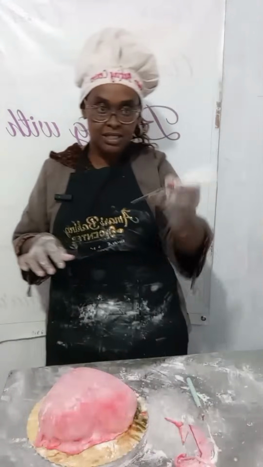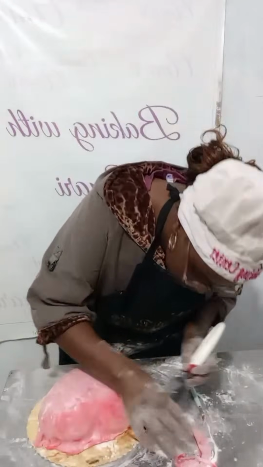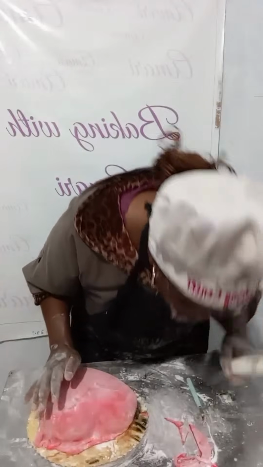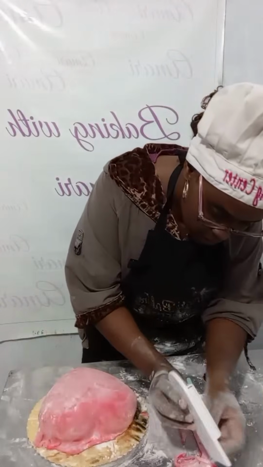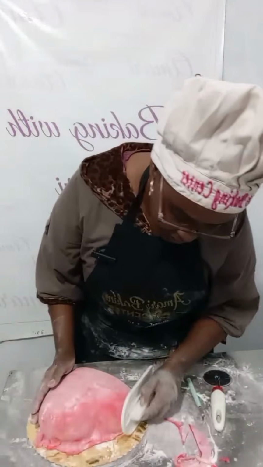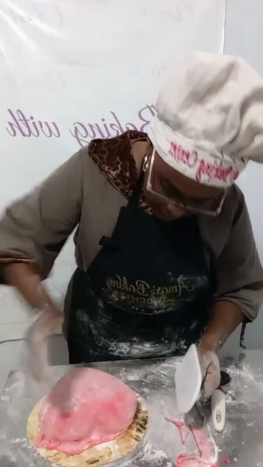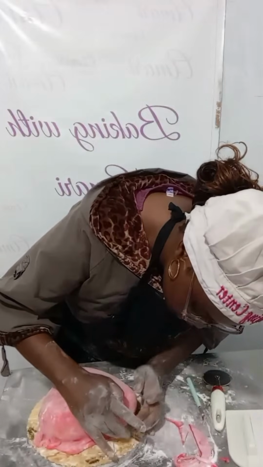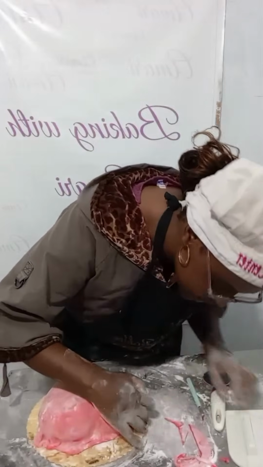I'm just using this to tuck in the fondant inside. And also, I feel like the heart is the hardest part. That's usually the hardest part. So I'm trying to make sure it has a nice complete look.